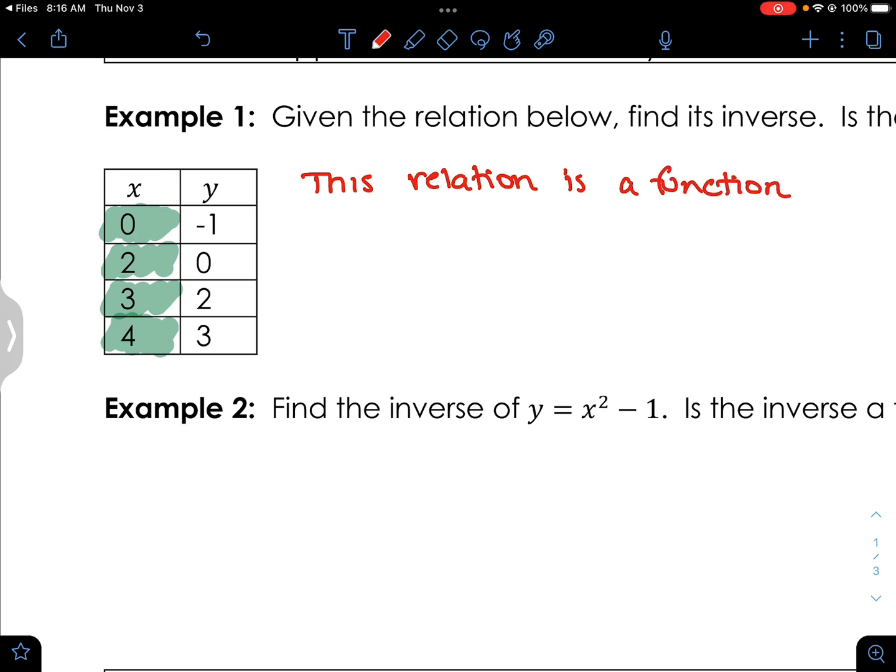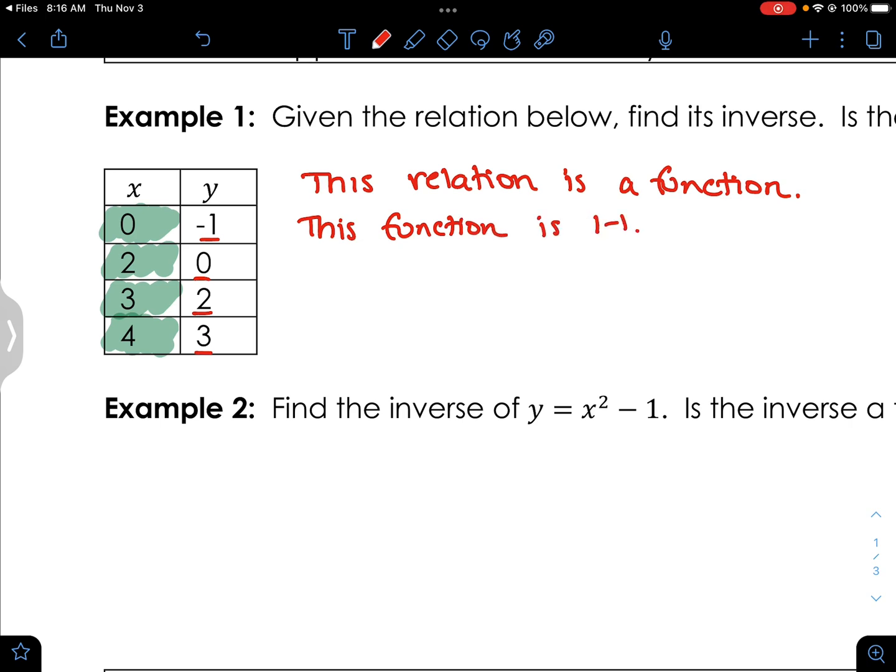The second question is, is this function one-to-one? So this function is one-to-one because if you look at the y values, you have -1, 0, 2, and 3. There are no repeated y values, so that would tell us that this function, since we just said it is a function, is one-to-one.